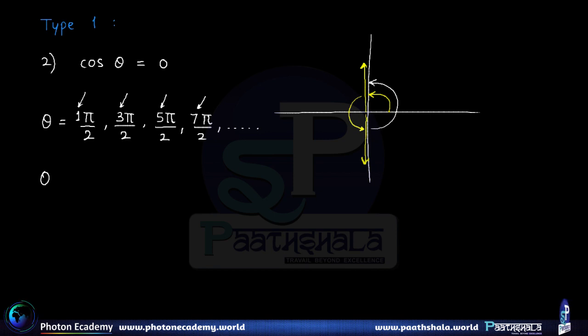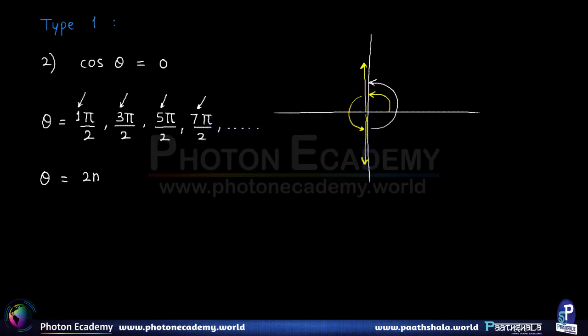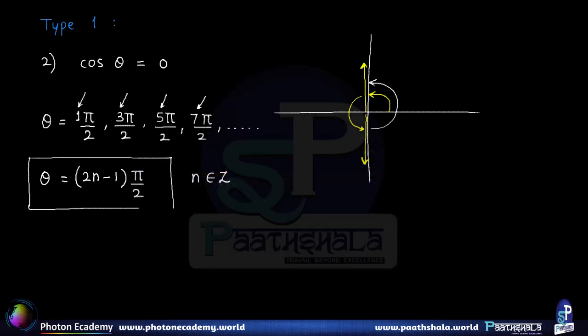So on generalizing, any odd number is represented by 2n minus 1, where n may be any integer, and we multiply it by pi by 2. So the general solution of cos theta equal to 0 is theta equal to (2n minus 1) times pi by 2, which is nothing but an odd multiple of pi by 2, where n is an integer.